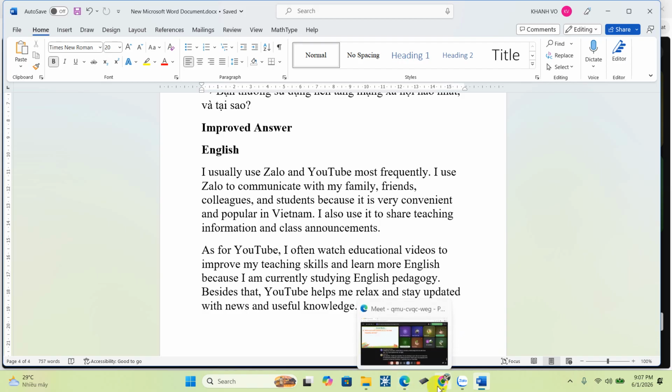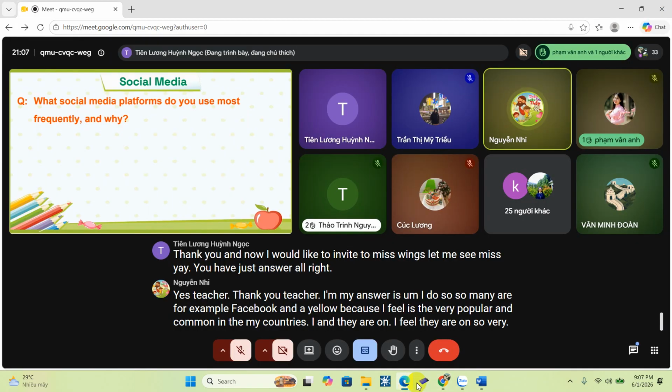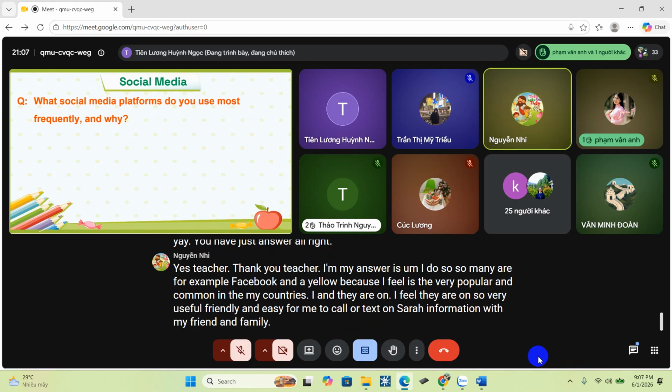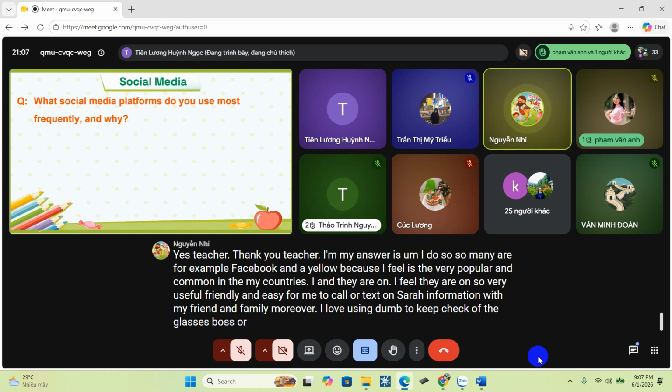I feel they are also very user friendly and easy for me to call or text or share information with my friends and family. Moreover, I love using them to keep track of the class's news or stay updated with what's going on around me every day.